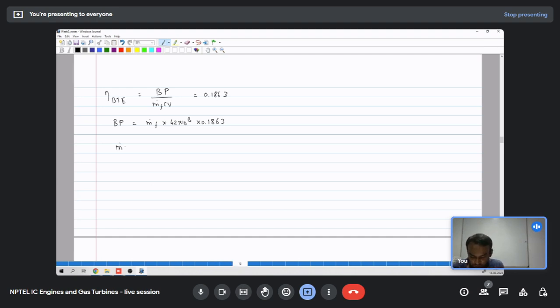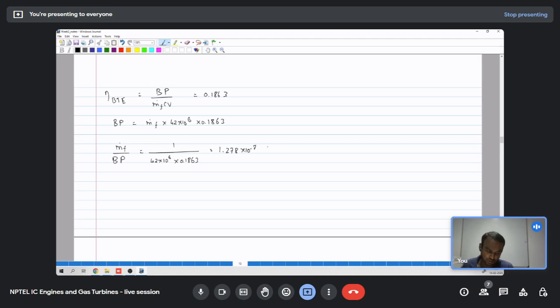That means m dot f divided by brake power will be 1 by all this, 42 into 10 power 6 into 0.1863. That is 1.278 into 10 power minus 7.